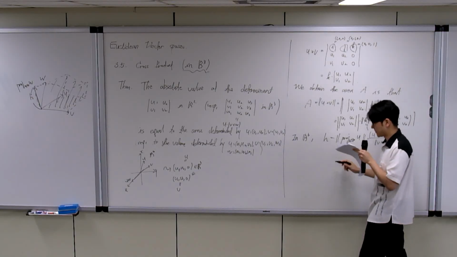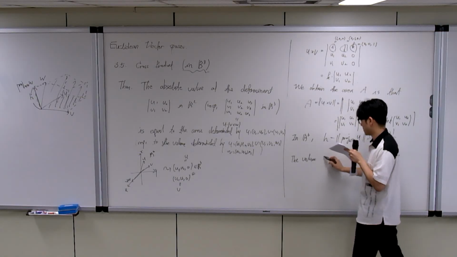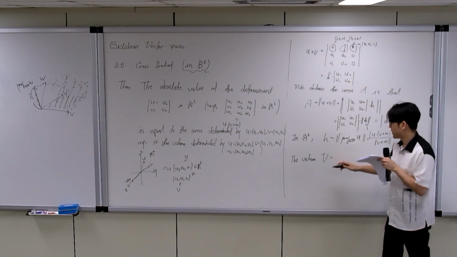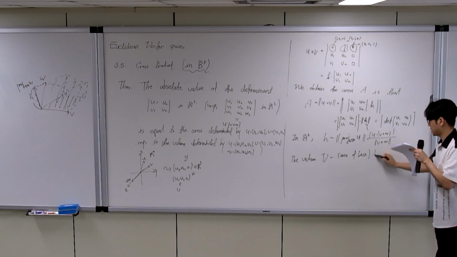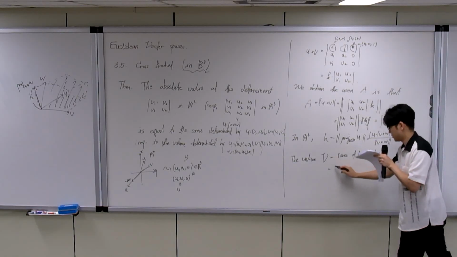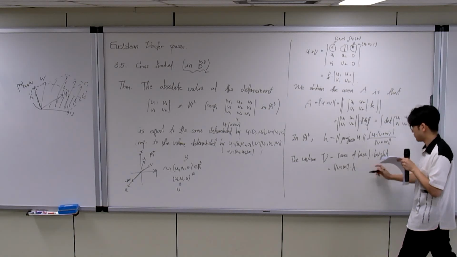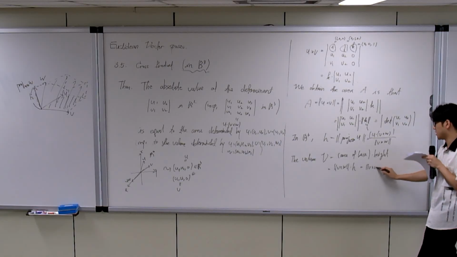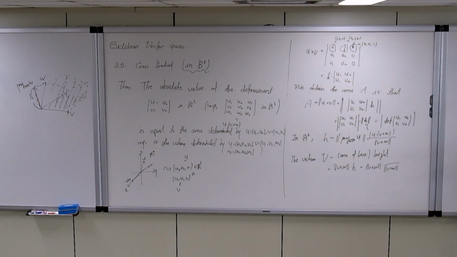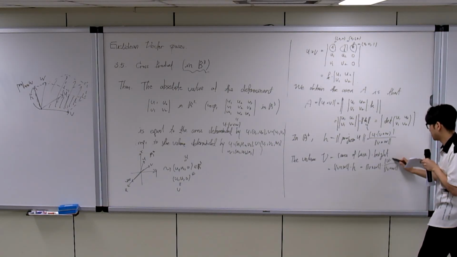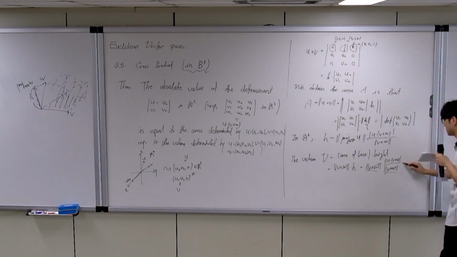It was the definition of projection, and also the volume V was the area of the base multiplied by the height. The height was H. That means the area was the cross product of V and W, and the height was H. If the two vectors are not zero, then that will not be zero, as it will be cancelled.